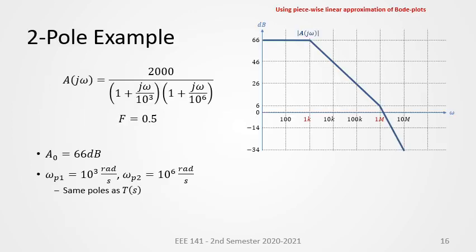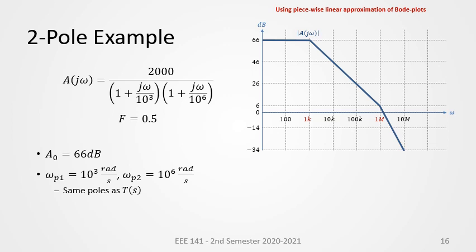Following the outlined procedure, we plot first the open loop frequency response, A of j omega. The plot starts with a DC gain of 2000 or 66 dB and changes with an additional negative 20 dB per decade slope for every pole, which occurs at 1 kiloradians per second and 1 megaradians per second.